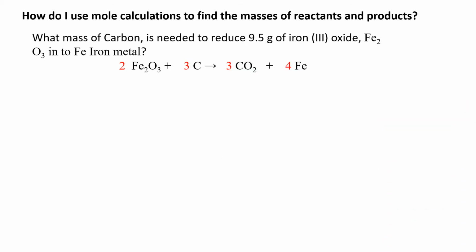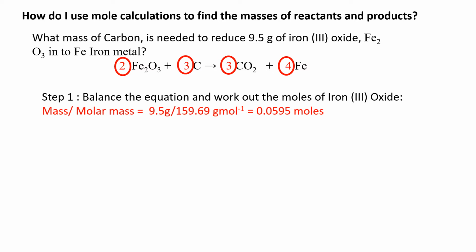The question states, what mass of carbon is needed to reduce 9.5 grams of iron oxide into iron, which is the iron metal. The first thing we have to do is balance the equation.